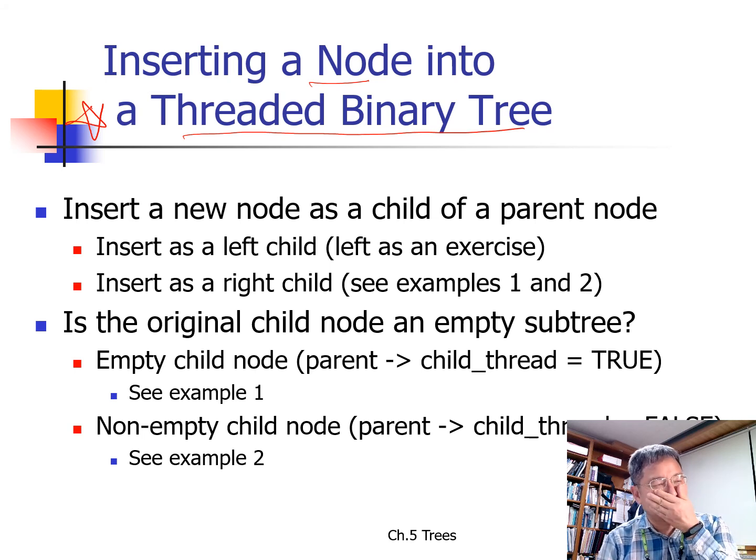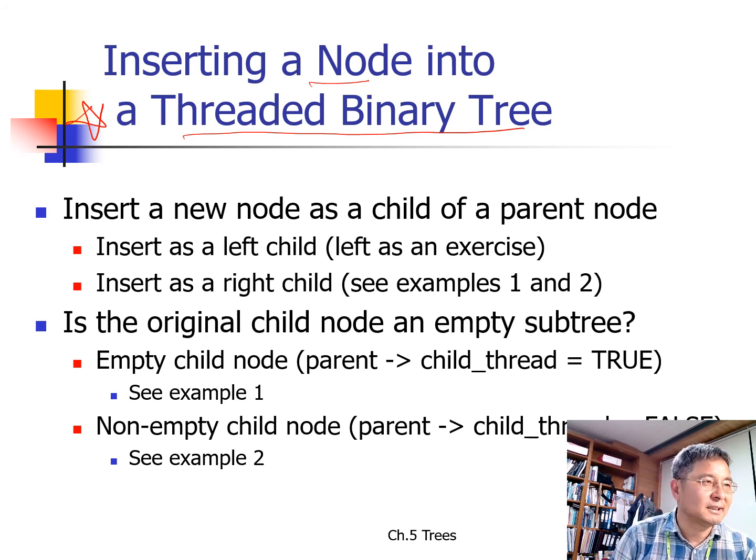The next important one is how we can insert a node into a threaded binary tree. There are many cases we must design in threaded binary tree insertions. One case is inserting a new node as a child of a parent node, especially whether we insert it as a left child or right child.